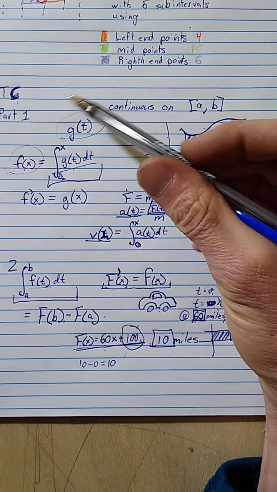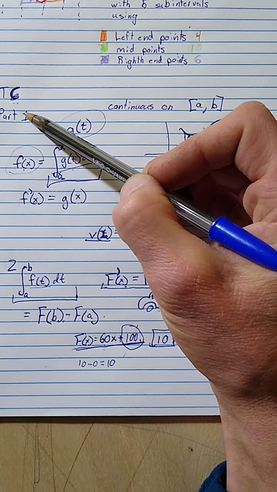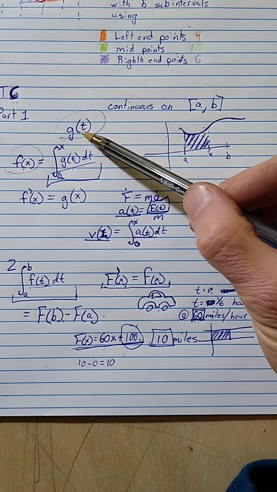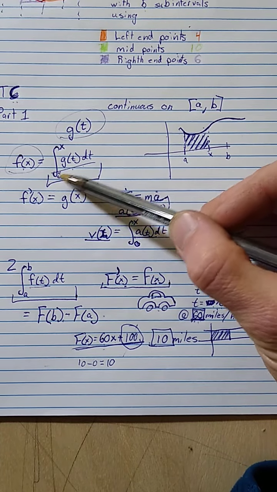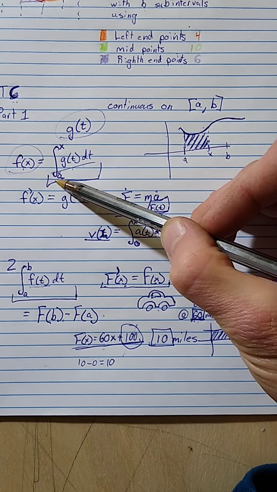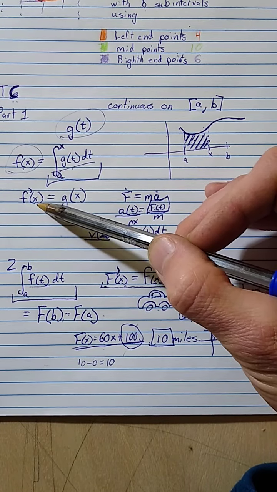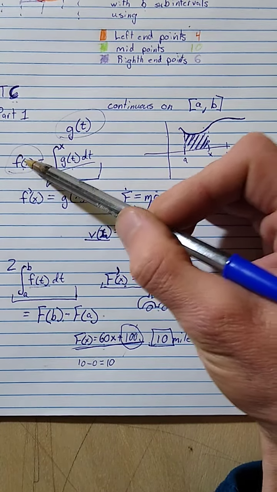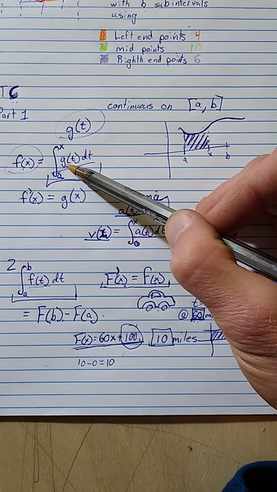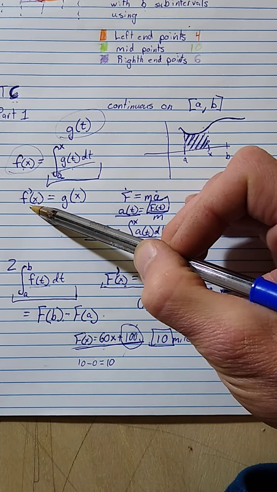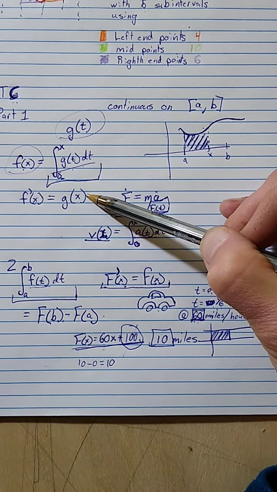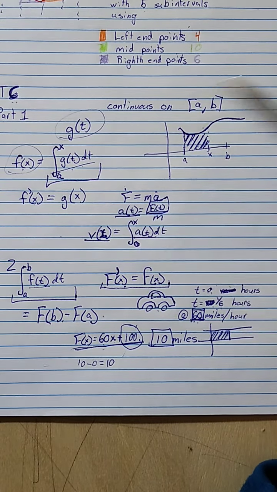Just to review a teeny bit, you use the first part of the fundamental theorem when you have a continuous function and you want to say that its antiderivative exists. Also, that means that if I have a function that is defined as its antiderivative and I take the derivative, I have to basically get back the original function.